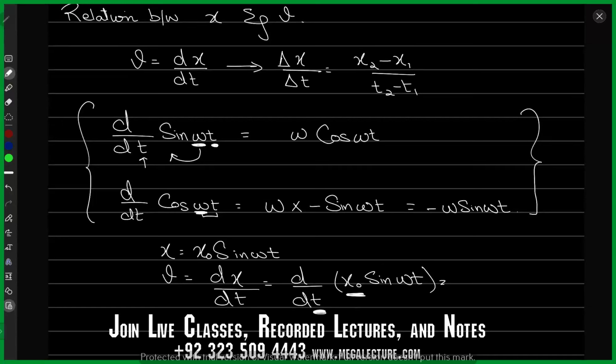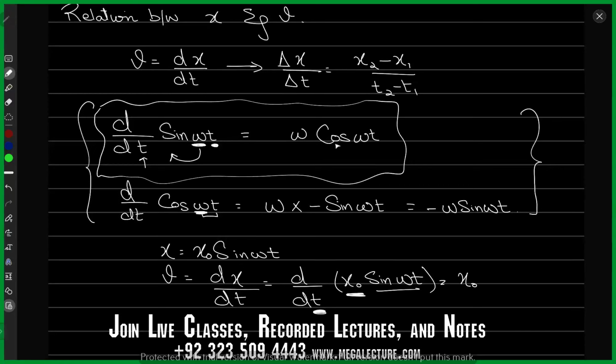It is the maximum, it is the amplitude of the oscillation, right? So it will always be the same no matter what time it is. So I can just write this outside. The operator will not act on it. And now we are left with sine omega t. And we know from this thing that on sine omega t, it acts like this. So this would be omega cos omega t.